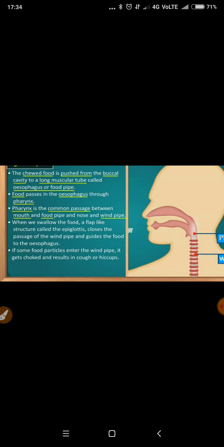Some food particles may enter into the windpipe and then it gets choked and results in cough or hiccups, right? कभी हम खाते खाते बोलते हैं तो एकदम से अटक जाता है ना खाना. So how does it happen? Food particles may enter into the windpipe in this condition and it gets choked and results in cough or hiccups.